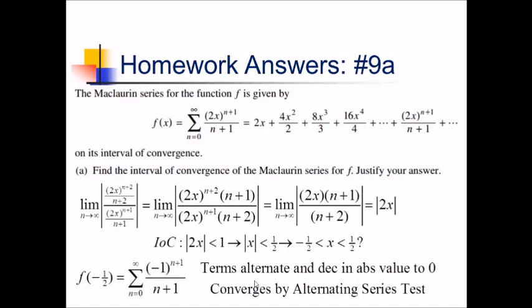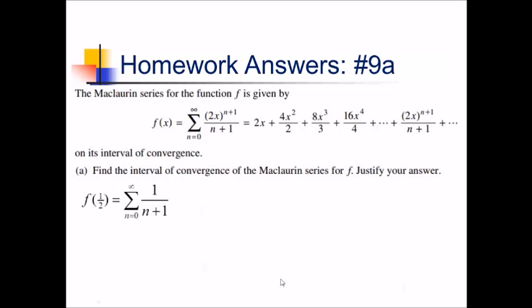Now we have to do the other branch where we plug in 1/2. So at 1/2, we're just going to have 1 to the n plus 1, which is just 1. So this is 1 over n plus 1. Now this one, if you look at where we're starting at n equals 0. So we're doing 1 over 1, so that's just 1, plus 1 over 2, plus 1 over 3, plus 1 over 4.